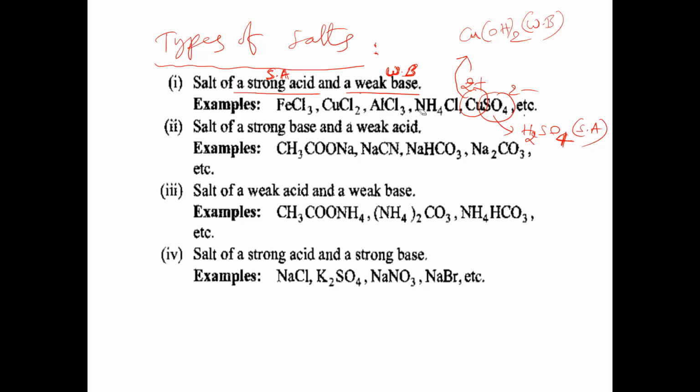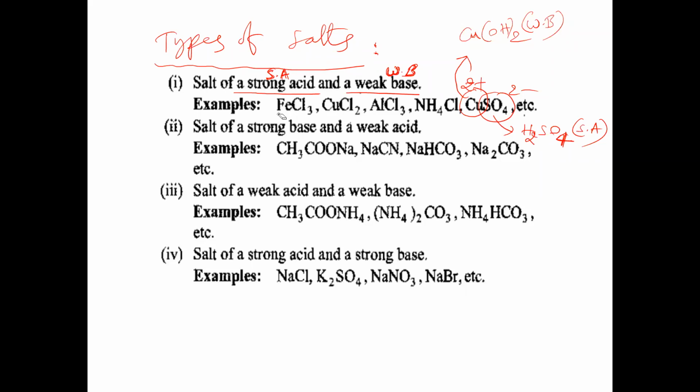So all these are like this only. NH4OH weak base, Cl minus is coming from HCl. And Al plus 3, aluminum plus 3 will come from Al(OH)3, Cl minus comes from HCl. Here Cu plus 2 cation comes from Cu(OH)2, copper hydroxide, Cl minus ions coming from HCl, strong acid.